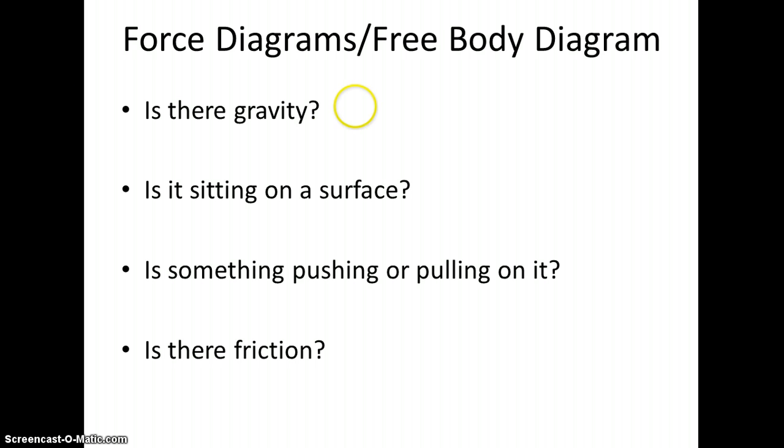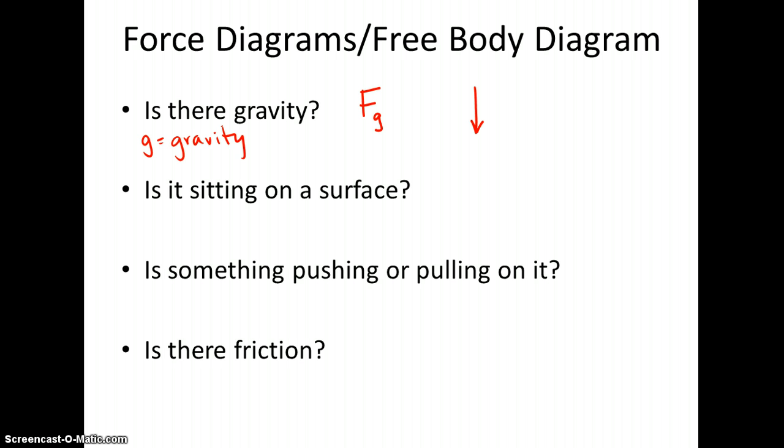So we're going to write the letter F for force, and we're going to write a small subscript of G to let you know that that force we're looking at is gravity. So G stands for gravity. And we know that gravity is pushing down or pulling us down, and so for that reason a gravity force is always shown as an arrow pointing down.